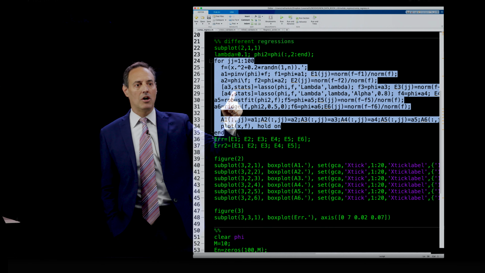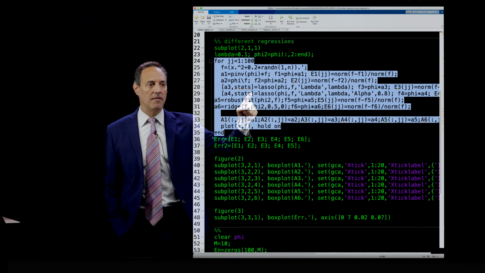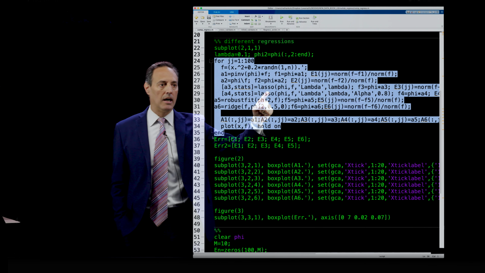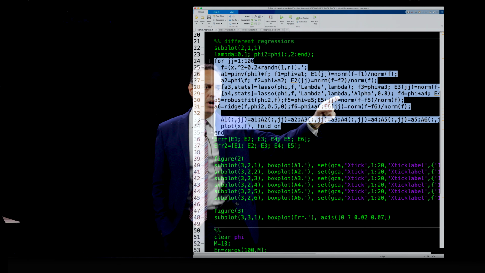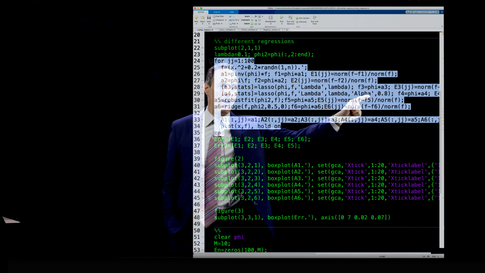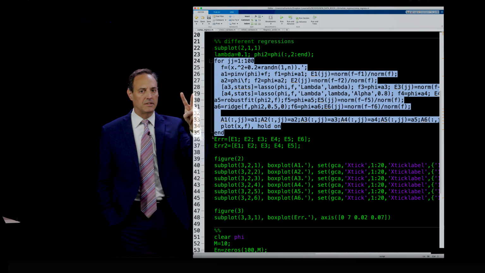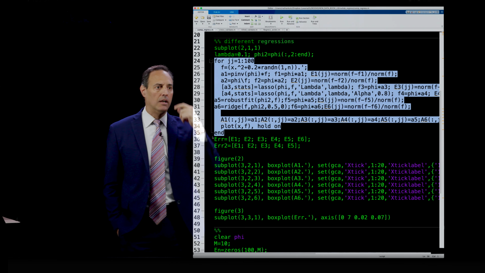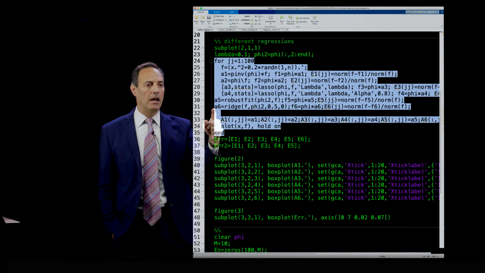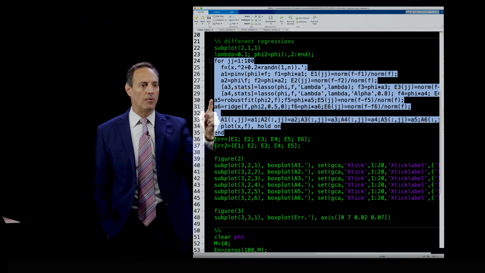I can also do lasso. Here's the lasso, and in fact, I'm going to do lambda 0.1, and then there's another parameter alpha which parameterizes the lasso, which is 0.8. So I'm going to do the lasso twice. One of them promotes more sparsity than the other, I believe. Okay. Then that's solution 3 and 4.